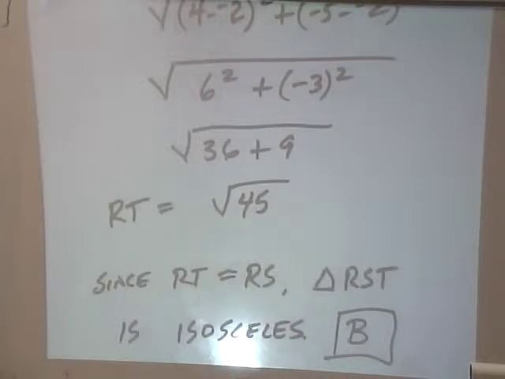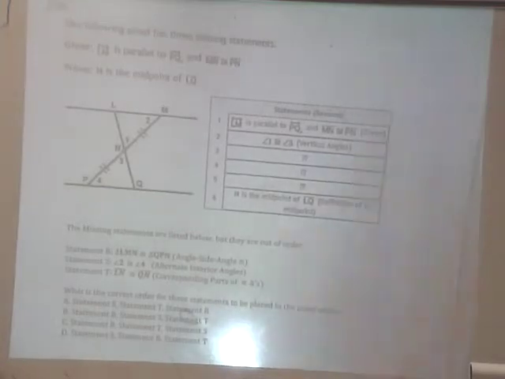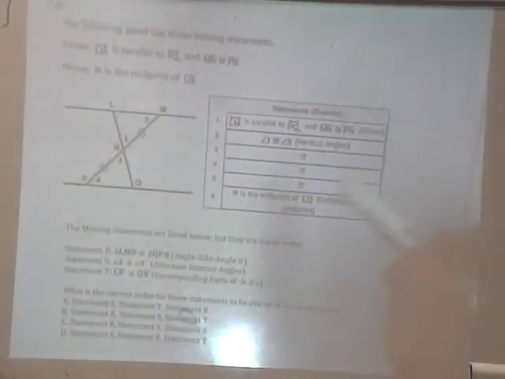Ready for, okay, 15. Okay, so we got a proof here. We got our given, what they want us to prove. They gave us a diagram, that's nice, and it looks like we have to fill in these 3 spaces here.